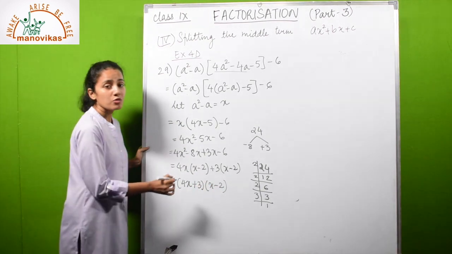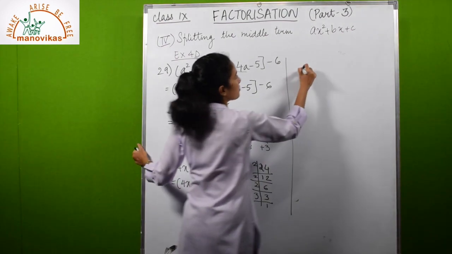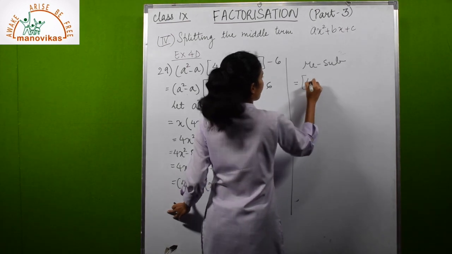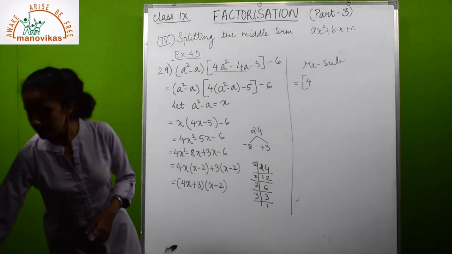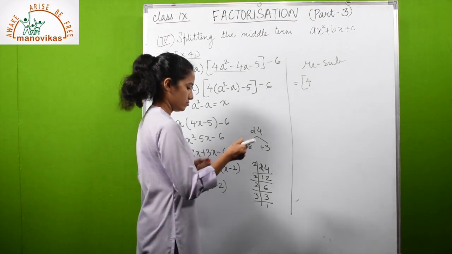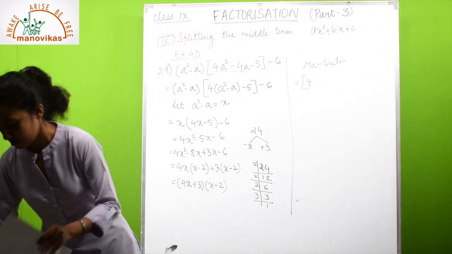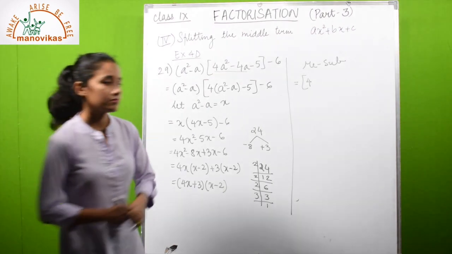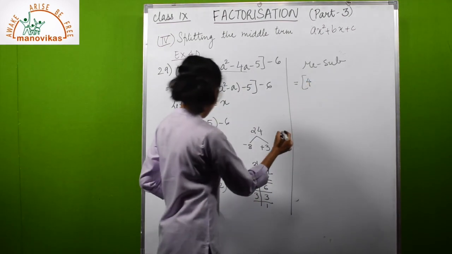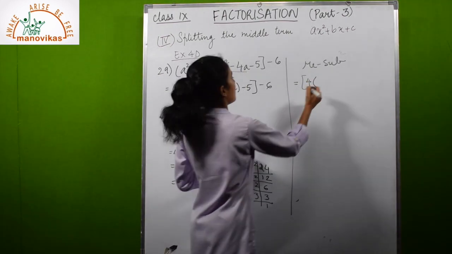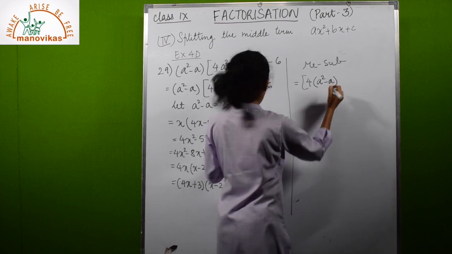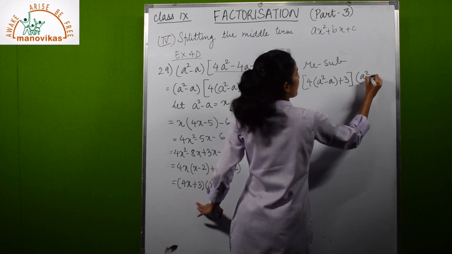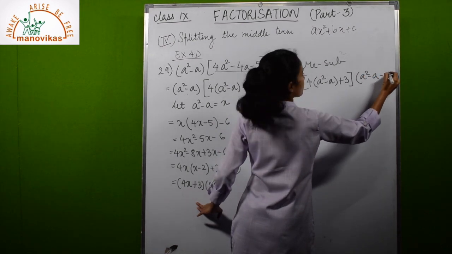Do not forget to resubstitute. So resubstituting, I get 4, substituting x, a square minus a plus 3, and this will be a square minus a minus 2.